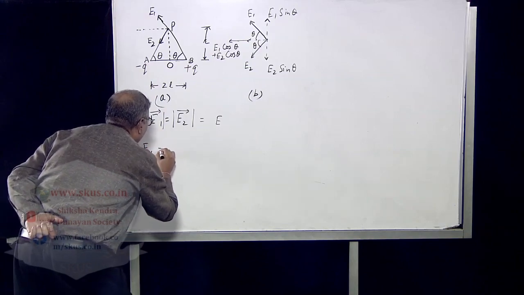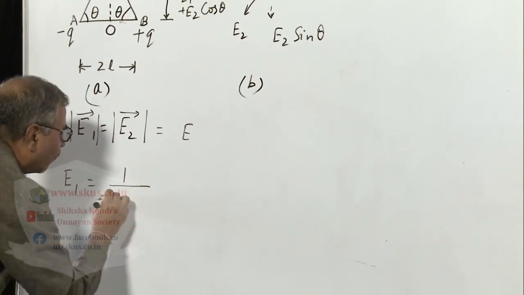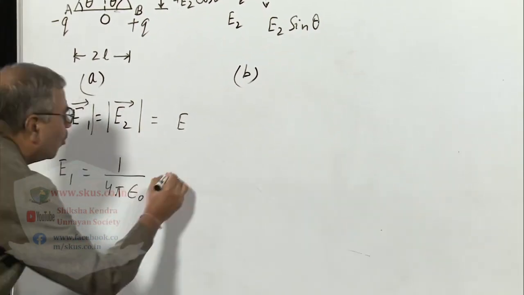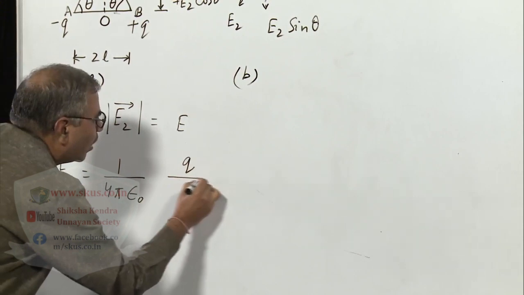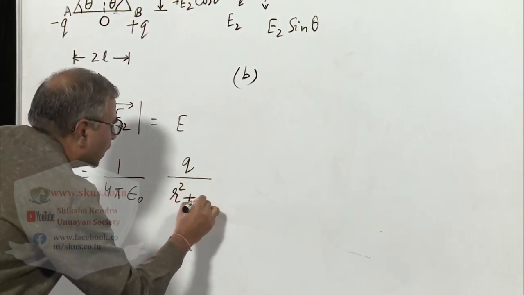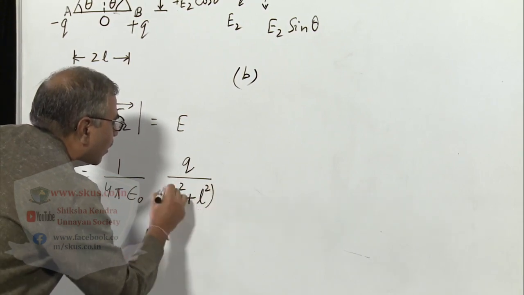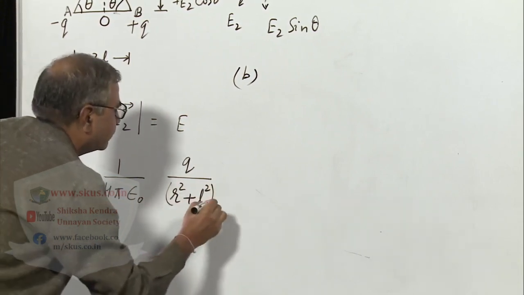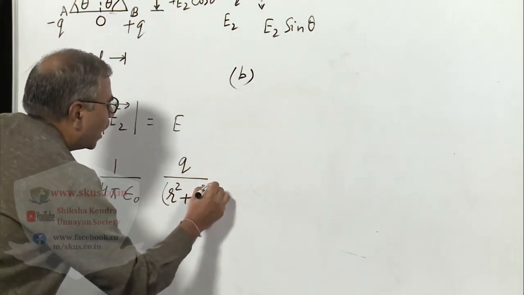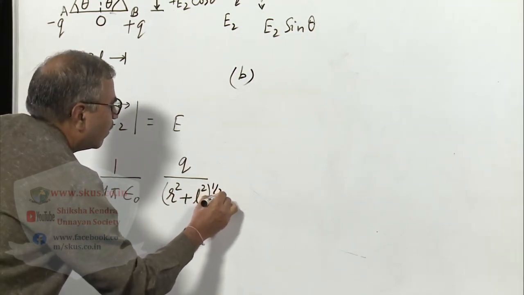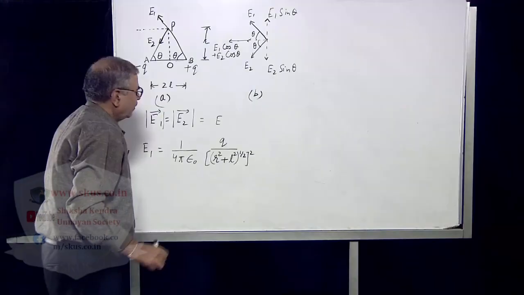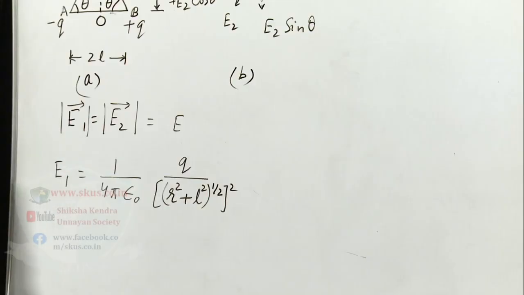E1 will be equal to 1 upon 4 pi epsilon naught q upon (r square plus L square) raised to power half whole square, means 1 by 2 and 2 will cancel each other.